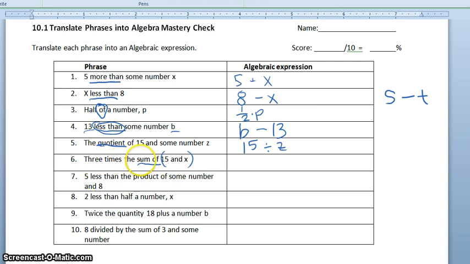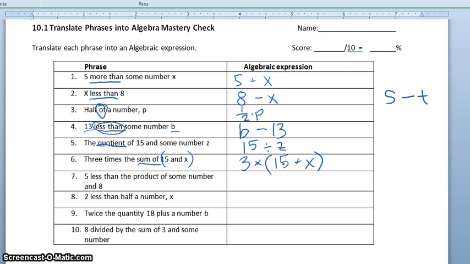So I'm going to write 3 times the sum of 15 and x. So again, the sum of made me have those parentheses there so that I wasn't just taking 3 times 15 and then adding x. I was taking 3 times this whole amount, 15 plus x.